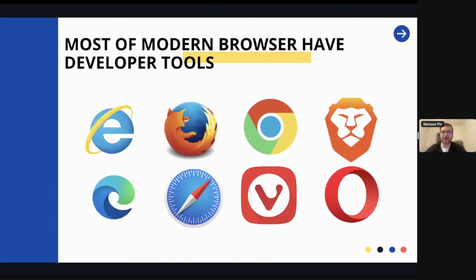Okay, so most of the modern web browsers have these tools. They can look a little bit different, but most of them have all the tools I'm gonna show. But we're gonna focus on Chrome DevTools. Why Chrome browser?